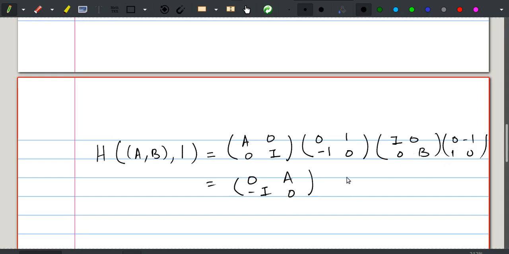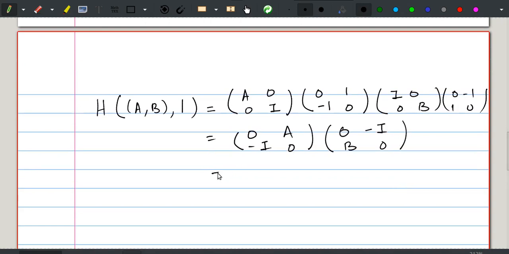Now let us evaluate this. 0 times first column, 1 times second column, so this is 0 b, and minus 1 times first column, 0 times second column, that is minus I 0. Now on multiplying these two matrices, this is 0 times a, and this is ab here, then 0 times I, a times 0, that is 0, then 0 times b, that is 0, then minus I times minus I, that is I, and 0 times 0 is 0.